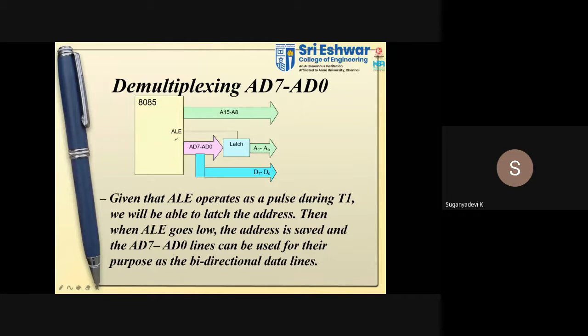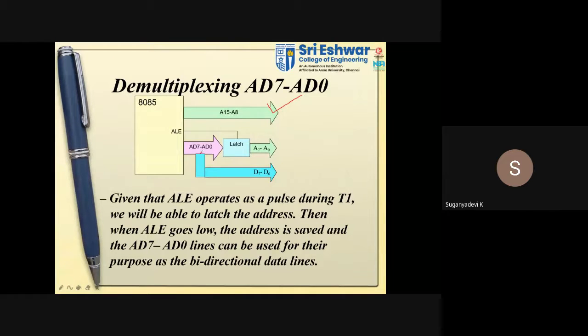This is the control pin, address latch enable, which is used to separate data and address. In 8085, we have only 8 bits in multiplexing format. I am going to extract the data and address individually with the help of ALE. My address lines from A8 to A15 are individual, so I have taken them out individually here.